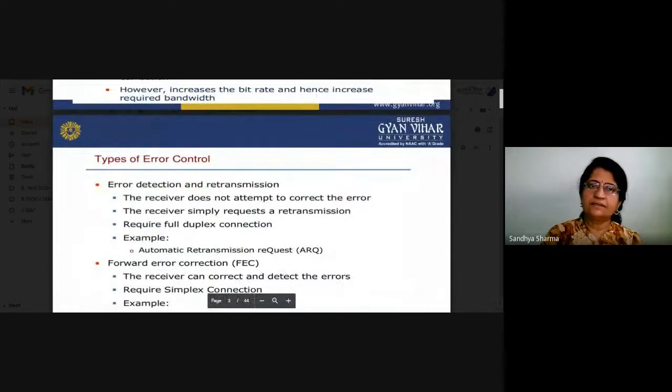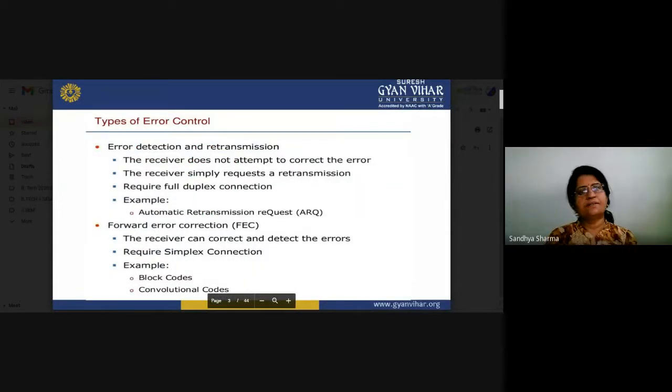Basically, channel coding is done for controlling the error in our transmission system. To control errors, or to remove the errors in our signals, we have to perform the channel coding at the transmitter section.